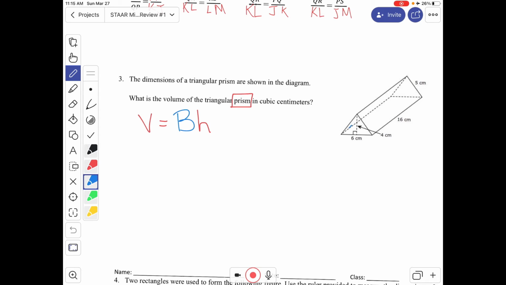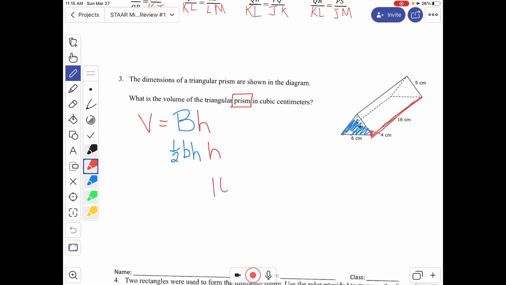So the shape of this base is a triangle, and the formula for a triangle is 1/2 base times height. Then we still have to multiply times the height of the prism. The height of the prism is the distance from one base to the other.